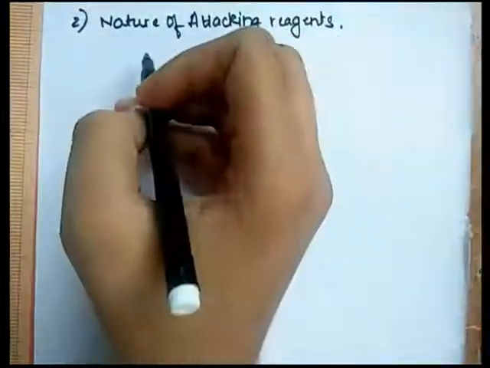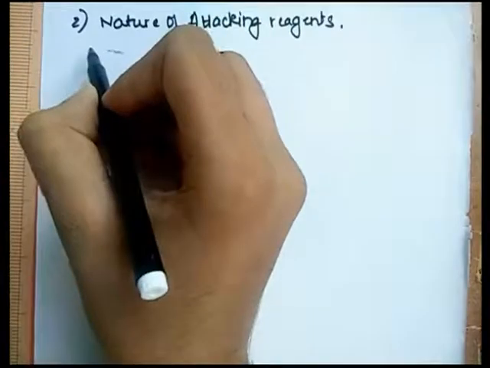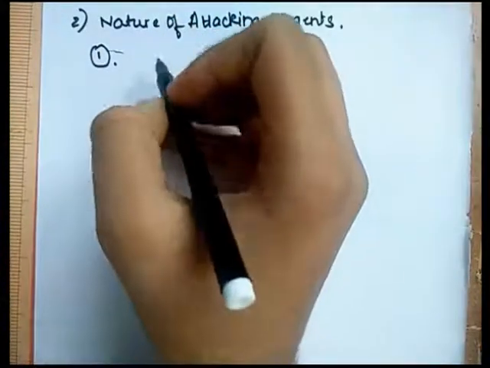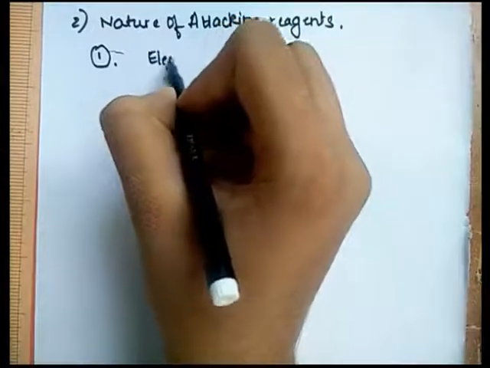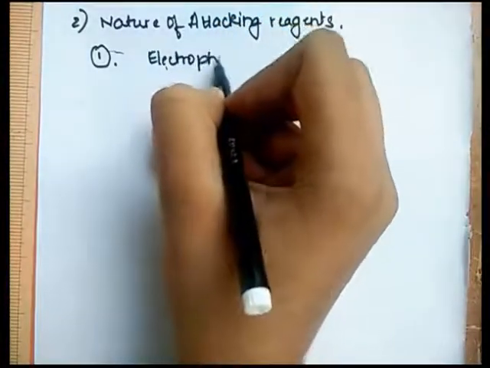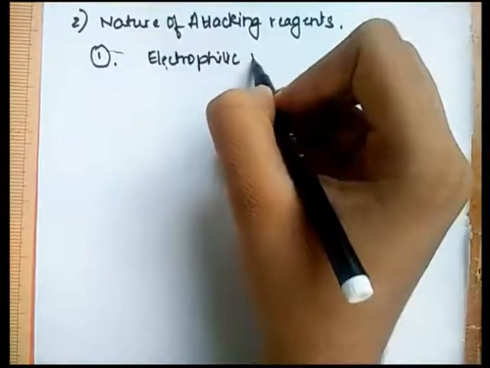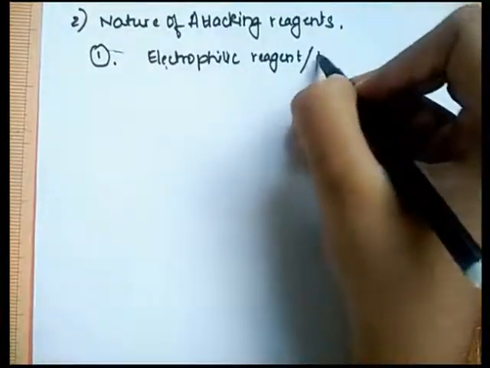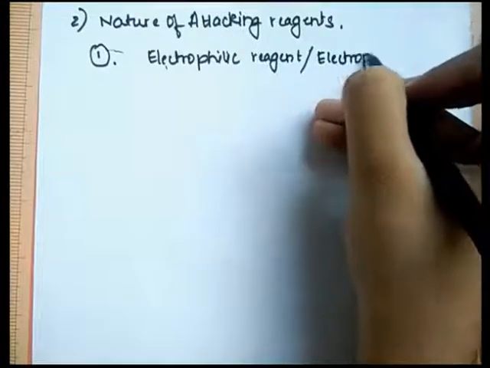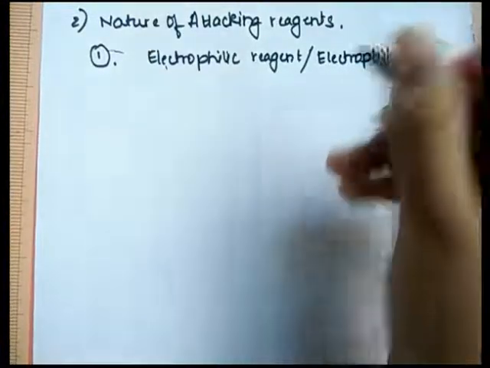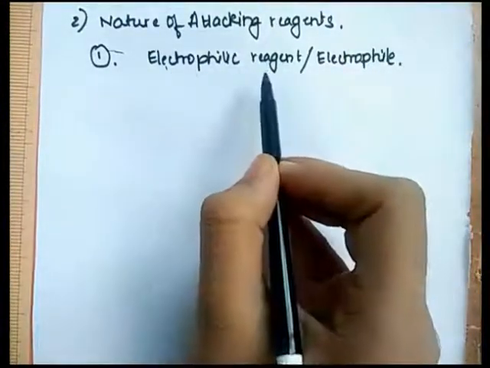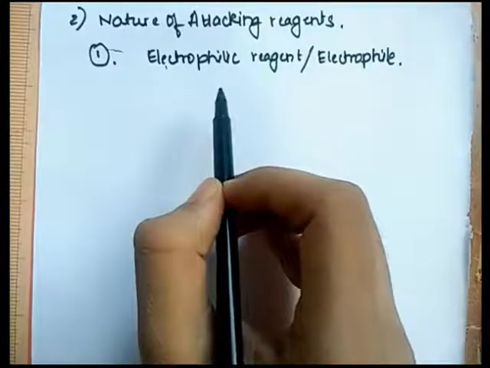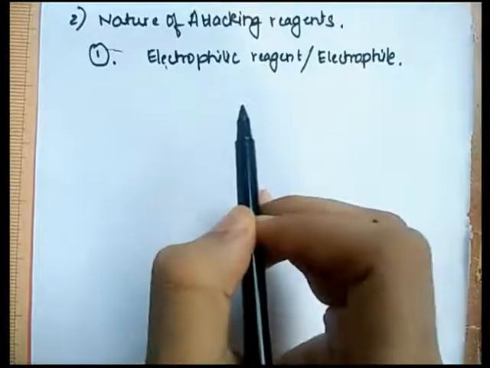The first one is the electrophilic reagent, or called an electrophile. What does this mean? An electrophilic reagent is the reagent which loves electrons, or it is electron deficient and in need of electrons.